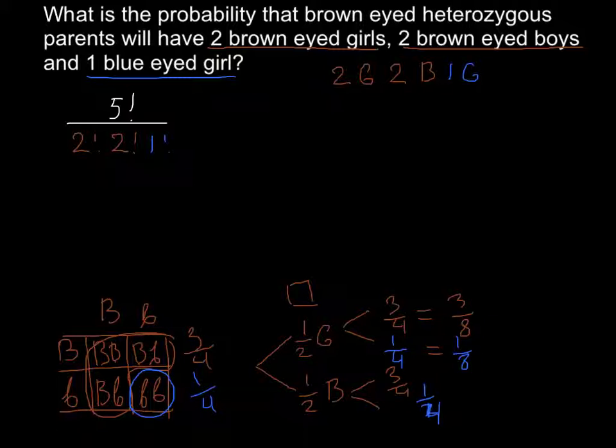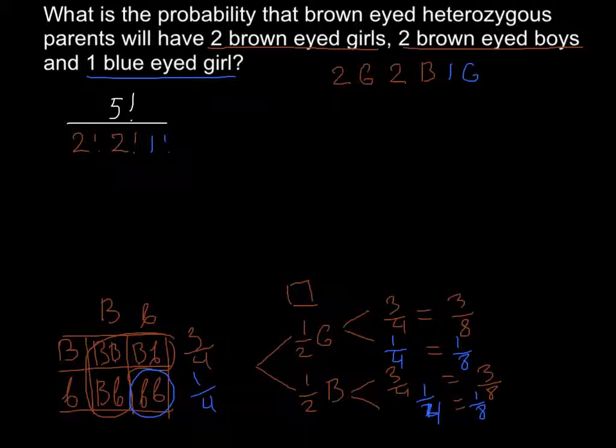And also the probability for a boy to have brown eyes would be 1/2 multiplied by 3/4, so the answer here would be 3/8, and the probability for a boy to inherit blue eyes would be 1/8.